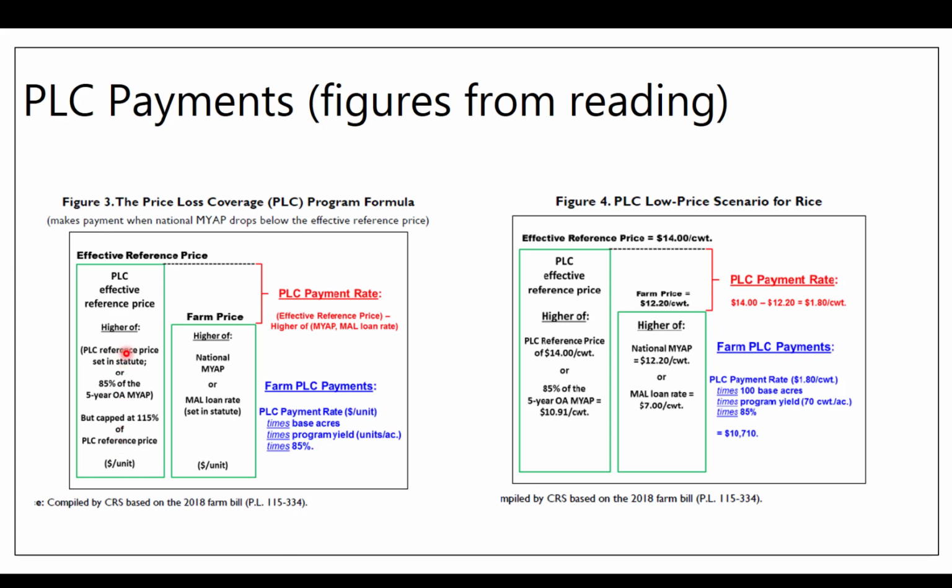So you get the larger of these two, but only if the larger of those two is no bigger than 115% of the statutory price. So if it's $3.70, take 1.15 times $3.70, which is what we're going to do in the lab. And it doesn't matter if this Olympic average comes in higher than that, you still only get the 115%. That is the complication that we have to deal with.